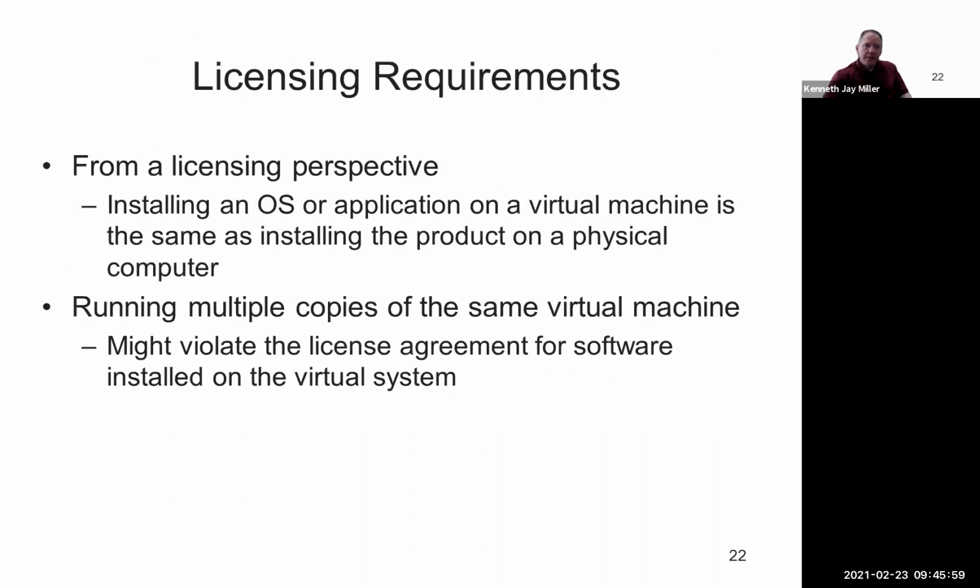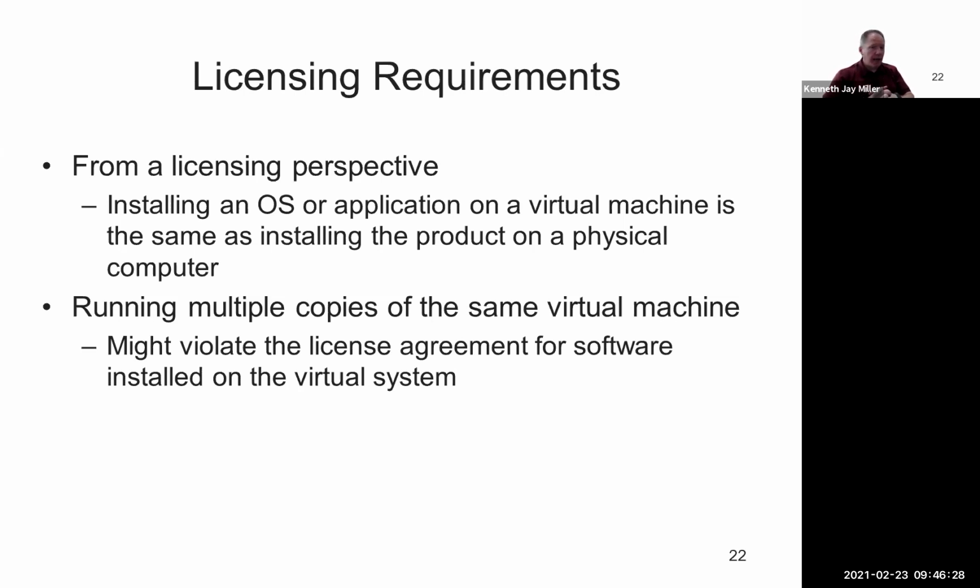Okay. Now, some of the licensing can get a little blurry in how this works. Technically, when you install an operating system or an application on a virtual machine, it needs to be licensed just like it was if it was on physical machines.